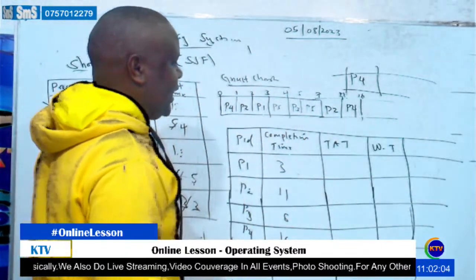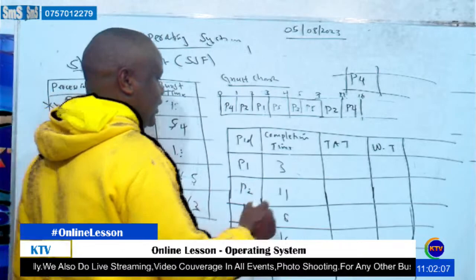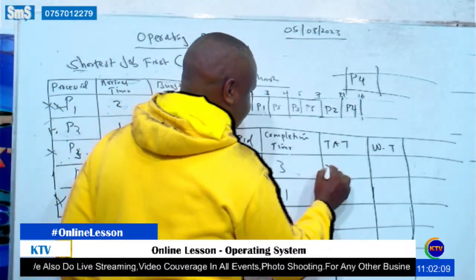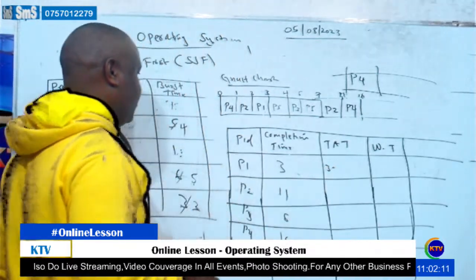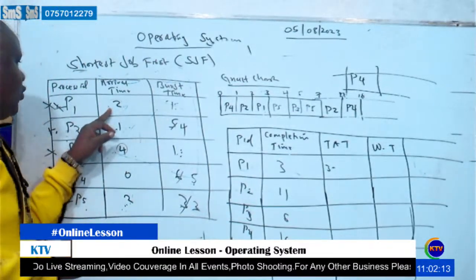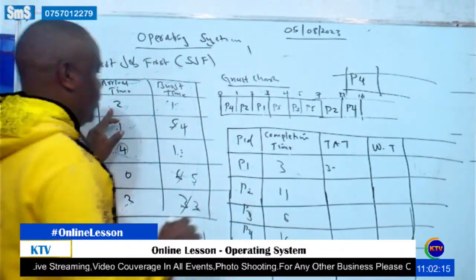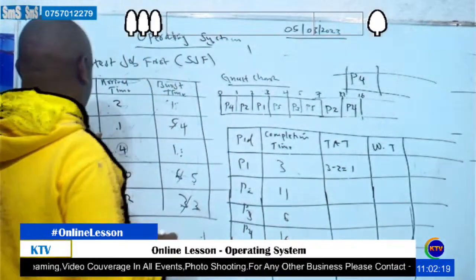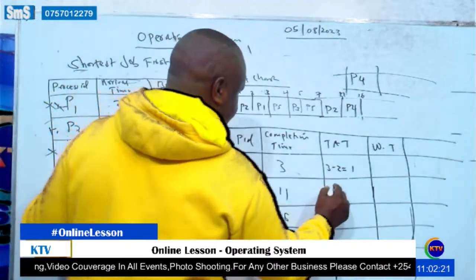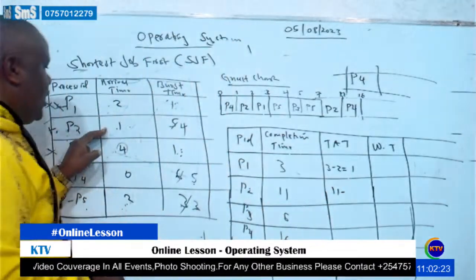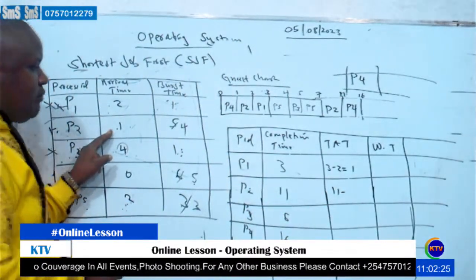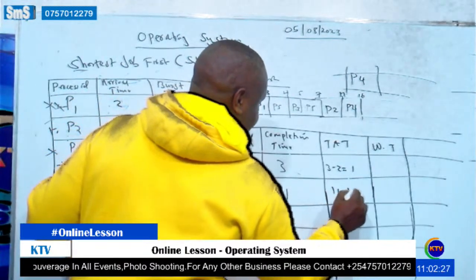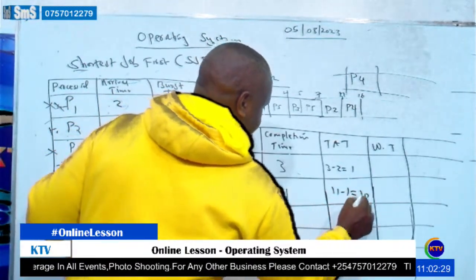To get the turnaround time, we said it's completion time minus the arrival time. The completion time here is 3 minus the arrival time for process 1, which is 2, so it is 1. The completion time for process 2 is 11 minus the arrival time 1, which is 10.